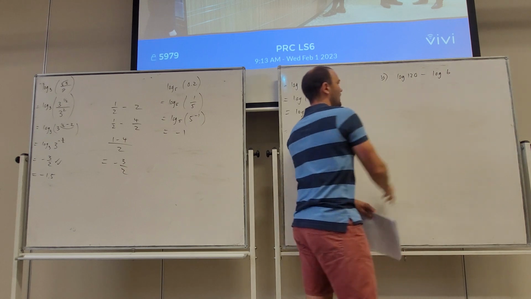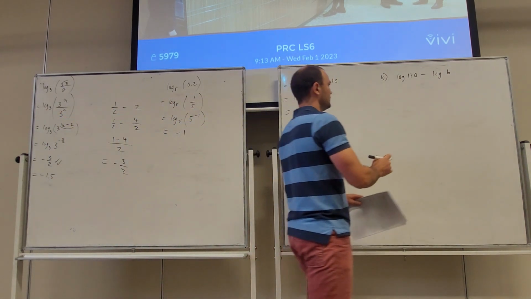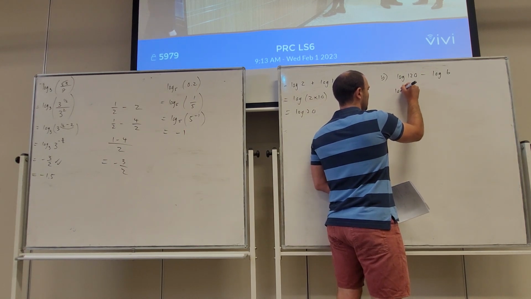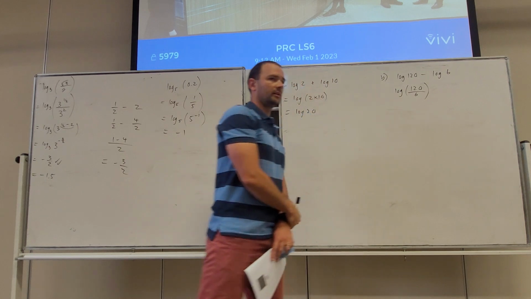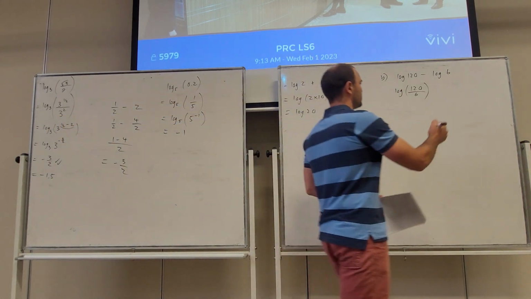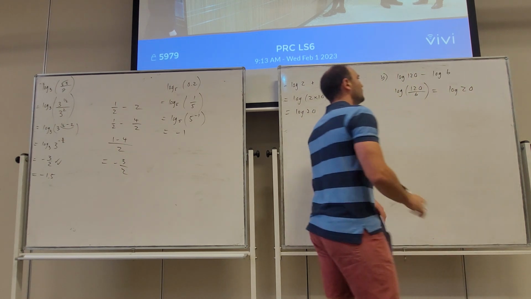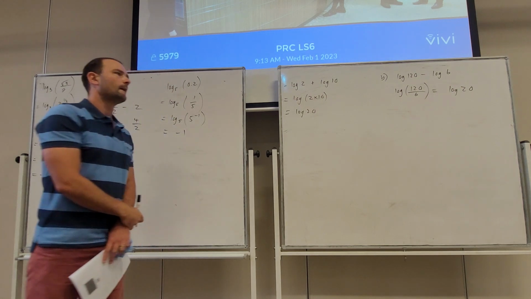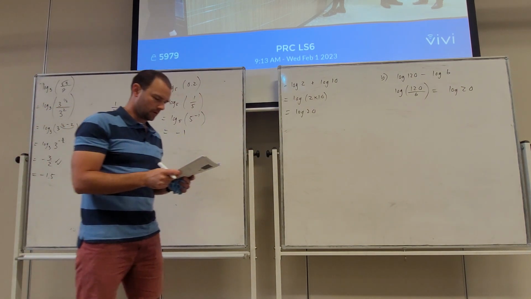Okay, so when we're subtracting them, it is the top one divided by the bottom one. Log of 120 on 6. 120 divided by 6 will be 20. Now, I might show you why that's obviously true in a moment.